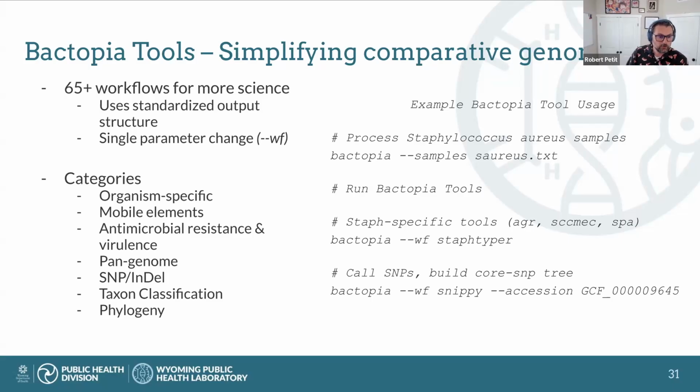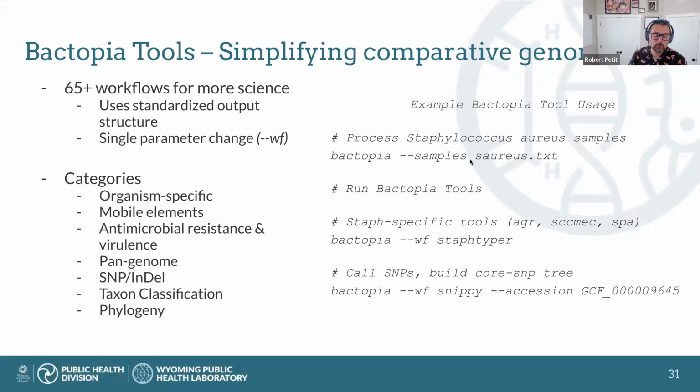But they're just a simple workflow or a simple parameter change, that --wf. But like I said, these include many categories: organism specific, mobile elements, AMR, pangenome, SNPs and indels, taxon, phylogeny. But here's an example of what you could do. To process Staph aureus samples, so bactopia --samples, you can provide a sample sheet, or there's ways to just process a single sample at a time.